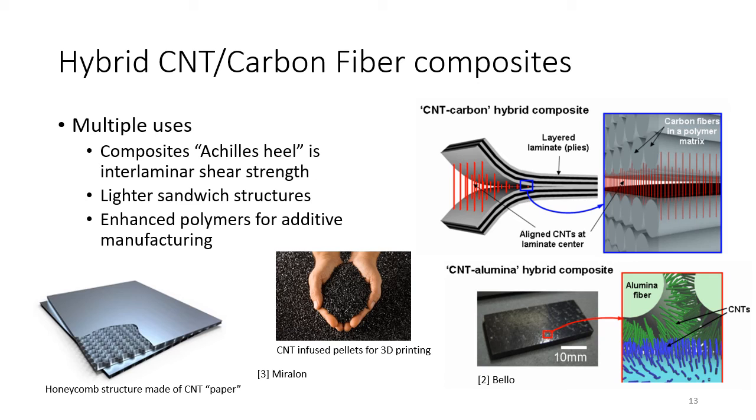They do this by placing vertically aligned CNTs between existing layers in an existing composite. CNTs have also been used to create honeycomb structures that are lighter and stronger than their paper counterpart. Lastly, CNTs can be mixed with polymers or metals and 3D printed, creating structures with enhanced mechanical, electrical, and thermal properties.